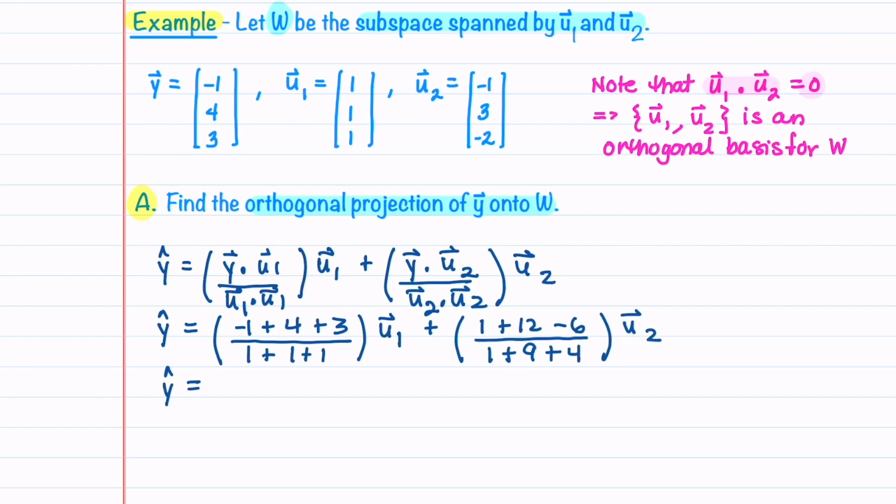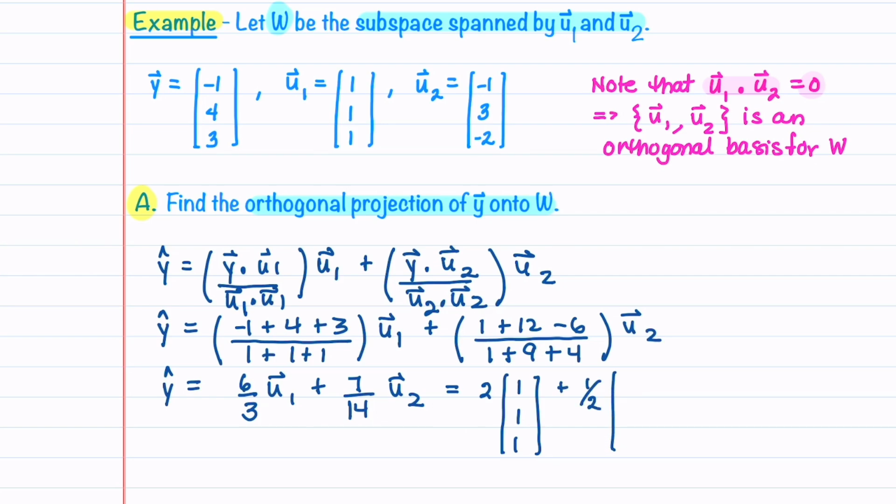Our y hat is then going to be 6 over 3 times u1 plus 7 over 14 times u2. This is going to be equal to 2 times u1, which is the vector 1, 1, 1, plus 1/2 times u2, which is the vector -1, 3, -2.